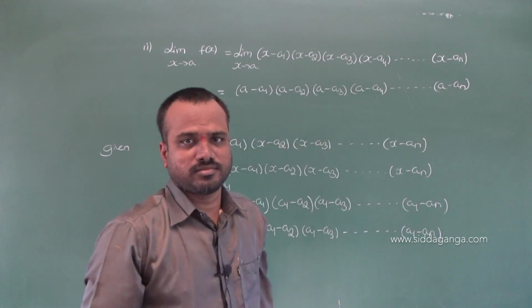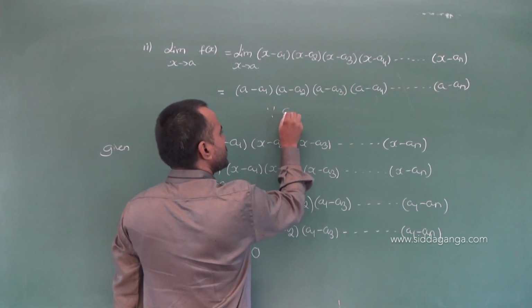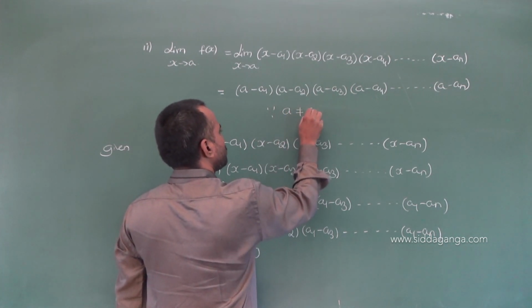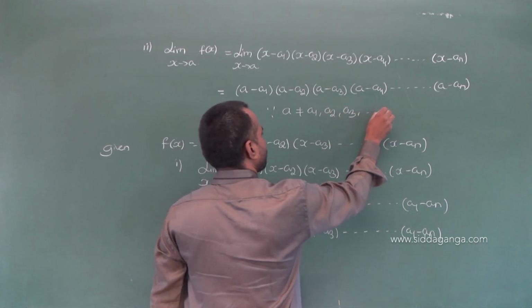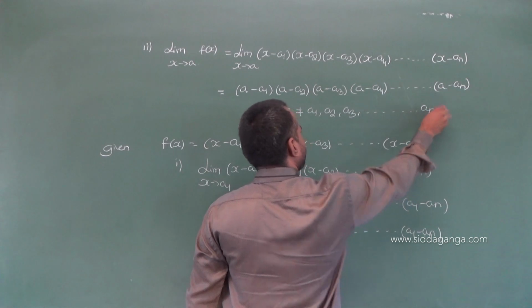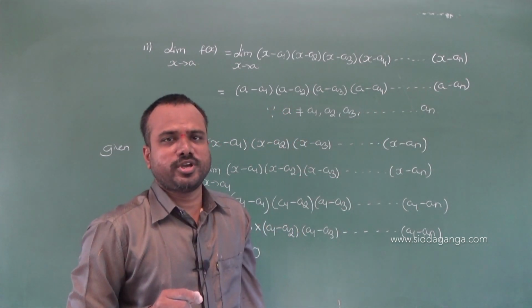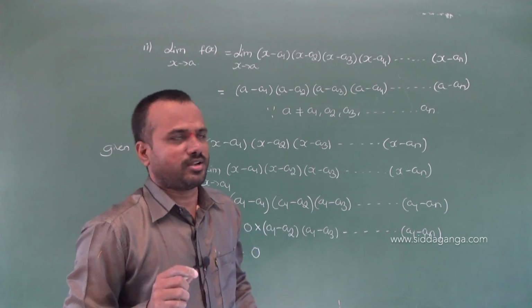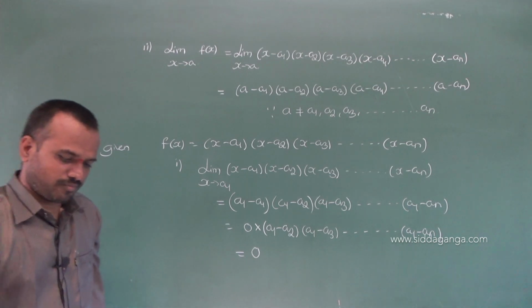That is the answer, correct? Since a is not equal to a1, a2, a3, so on up to an, this is the answer. Observe this problem very carefully.